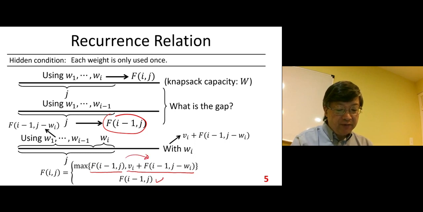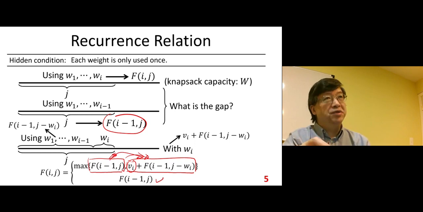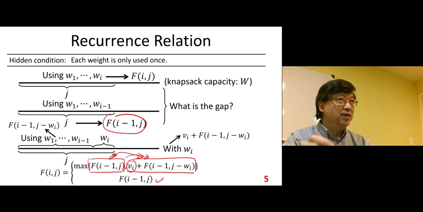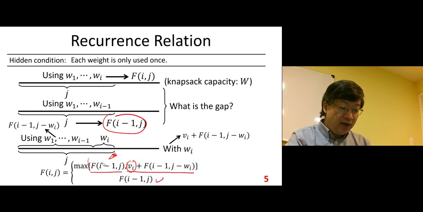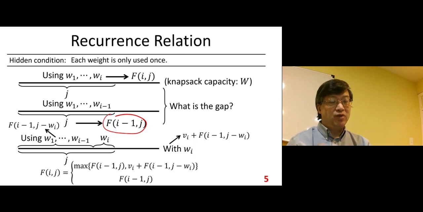Although you have a different option, you can use Wi, but it is not guaranteed that it gives a better solution than without using Wi. So you still need to compare these two cases for a better solution, with or without. So that is the final recurrence relation.